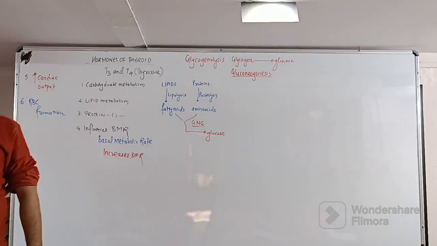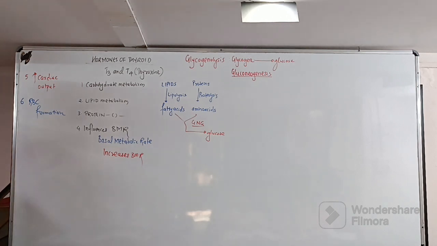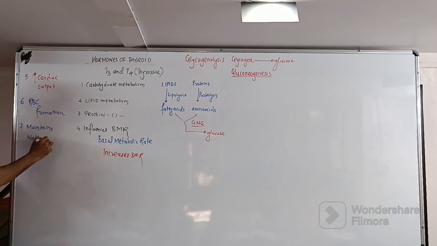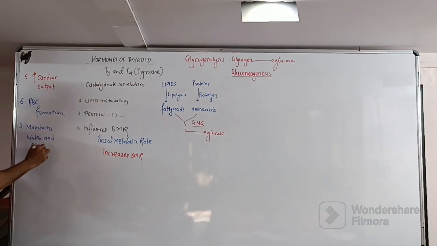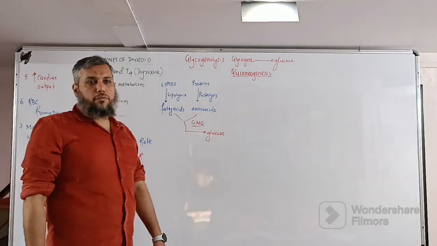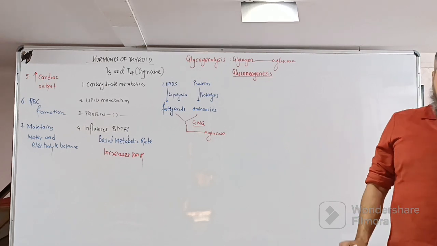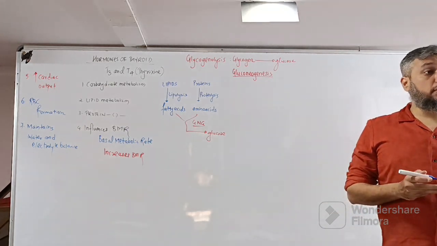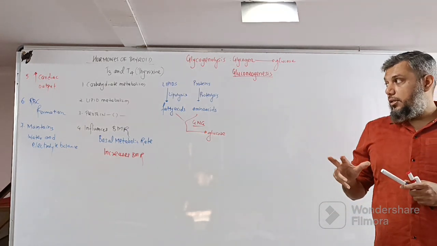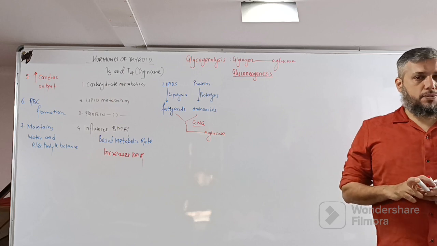Then it also influences the maintenance of water and electrolyte balance. So can I say over here that it is also influencing your kidney functions? Hello, it is influencing what? Kidney functions, because it is helping to maintain the water and electrolyte balance.